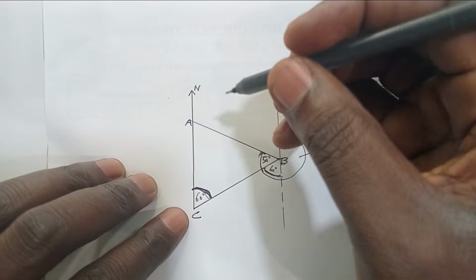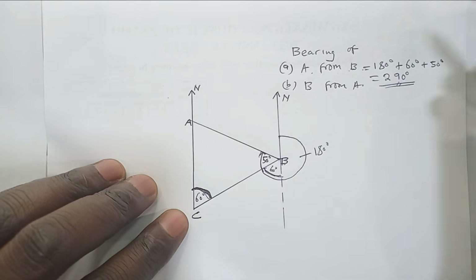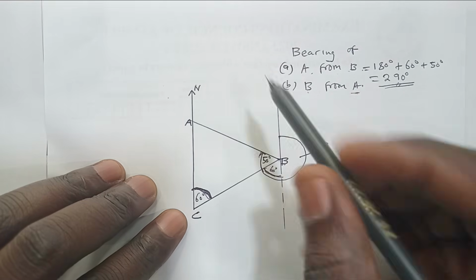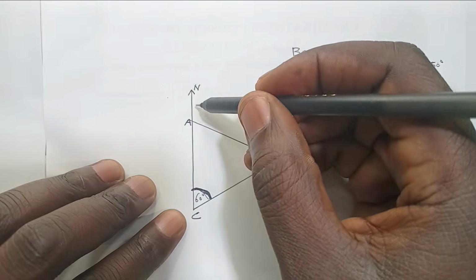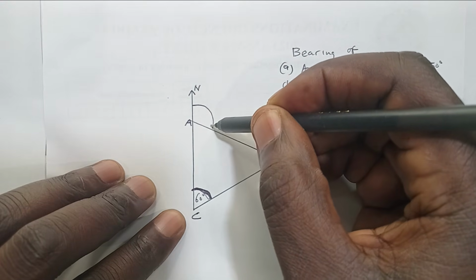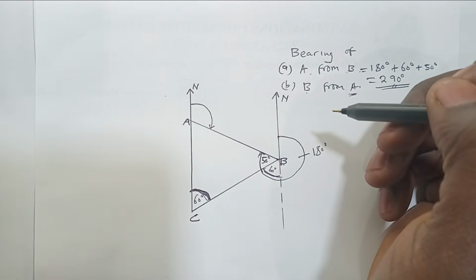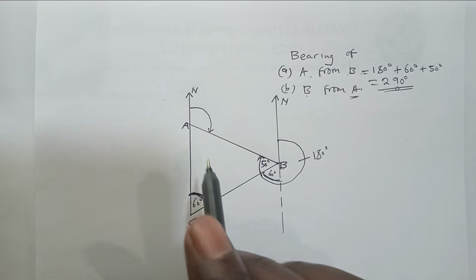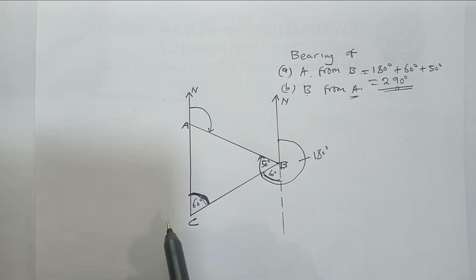So starting from the north line, we are considering the bearing of B from A. So starting at here, at where A is, we are going to go like this. That is the clockwise direction until we reach where A and B are joined. So this is the bearing that we need to find.